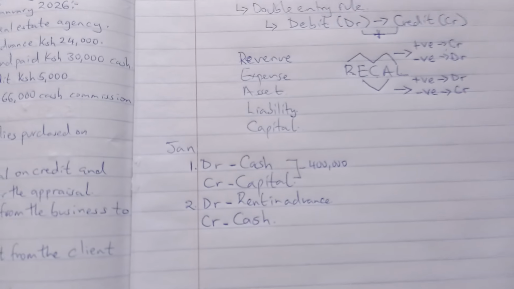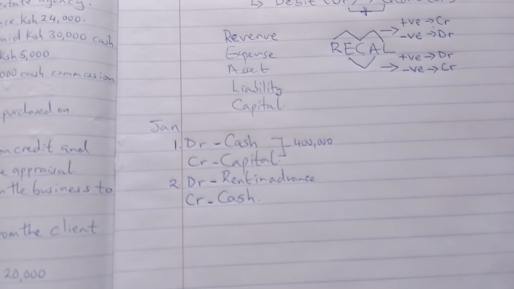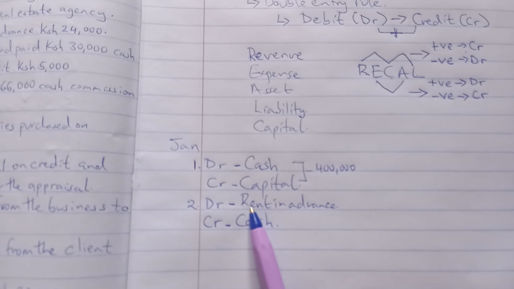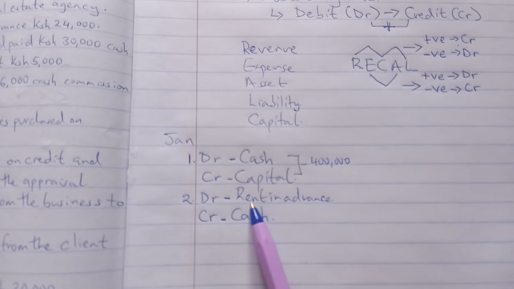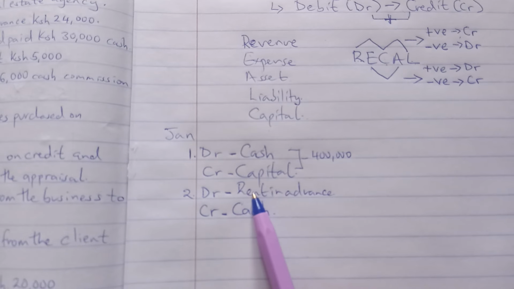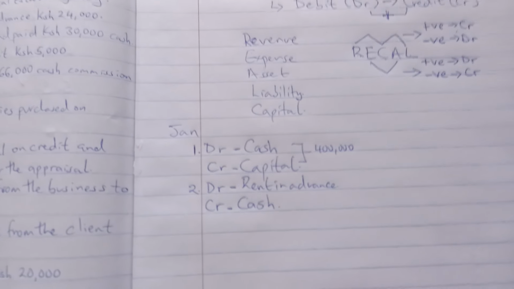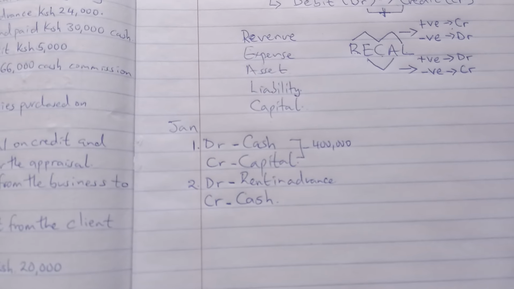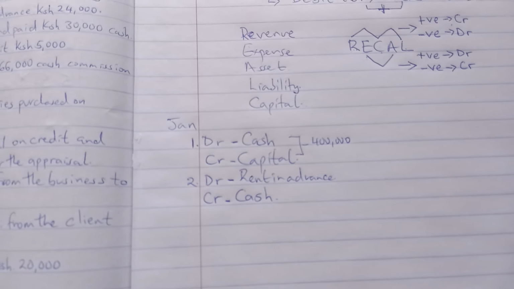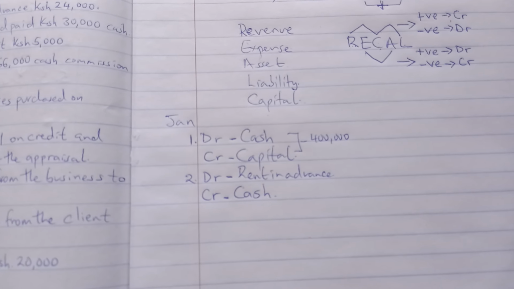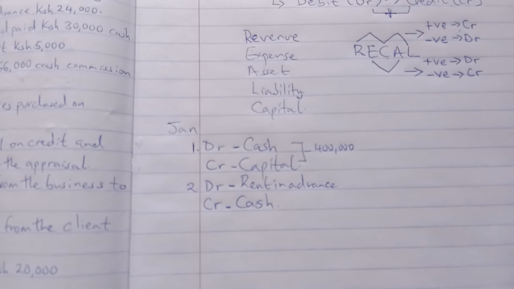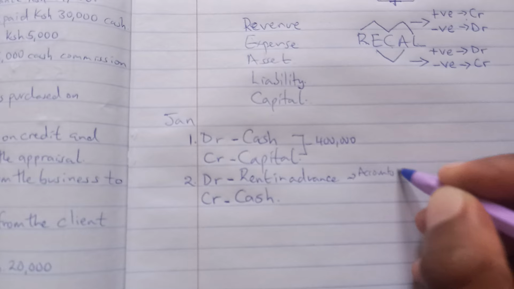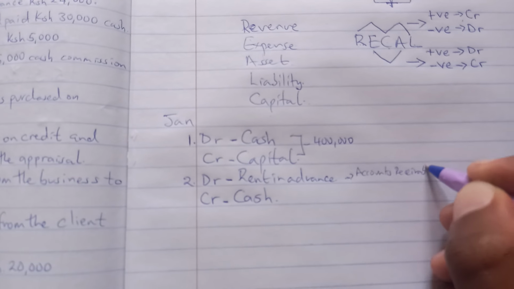This is because the moment you pay any expense, rent is an expense, but this is a payment which is being made in advance. So the moment an expense is paid in advance, it is normally considered as an item in accounts receivable.